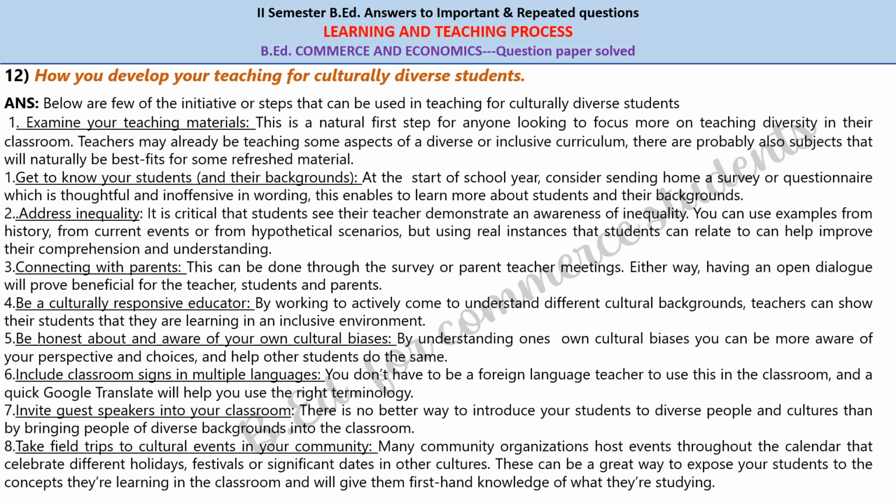One has to examine your teaching materials before you go into the classroom, and get to know your students and their background, familiarizing yourself with where they come from and what their parents do. And the teacher has to address inequality.